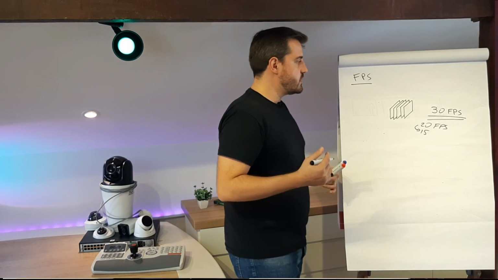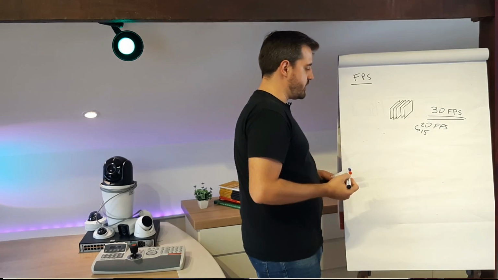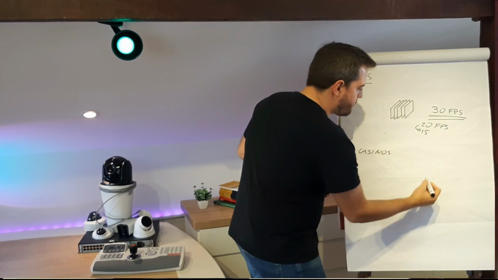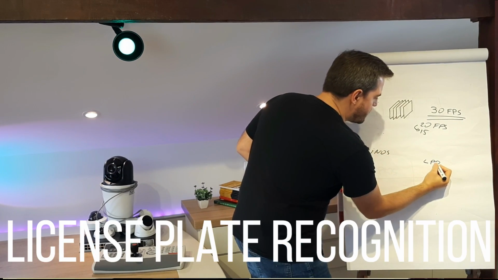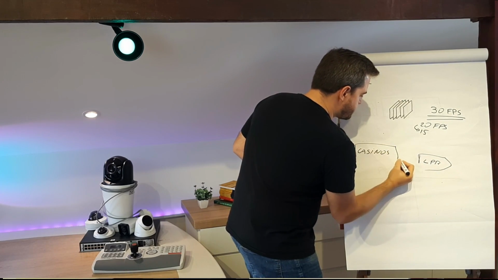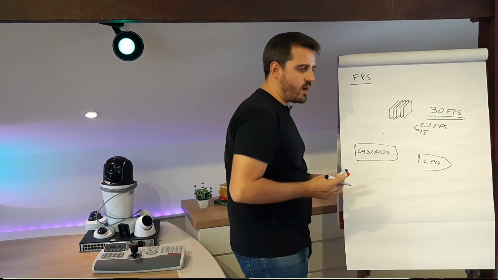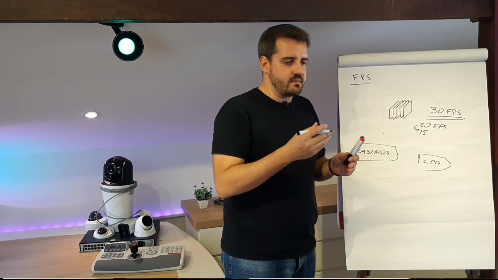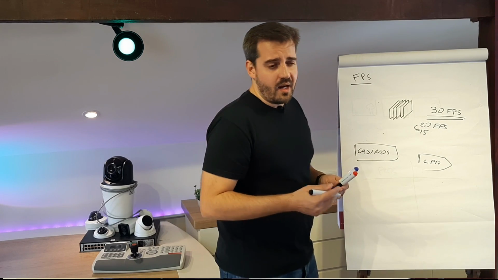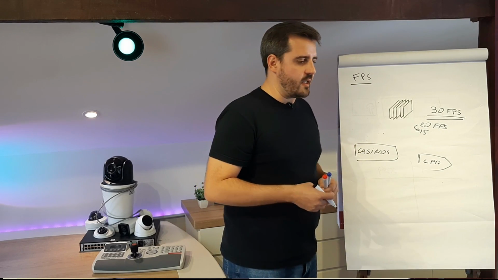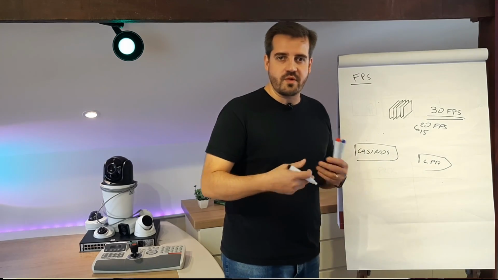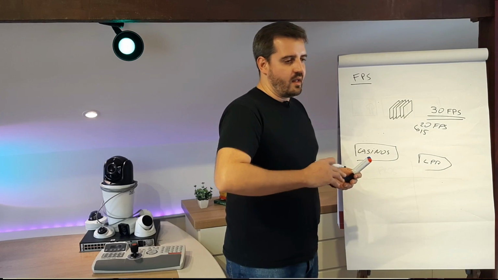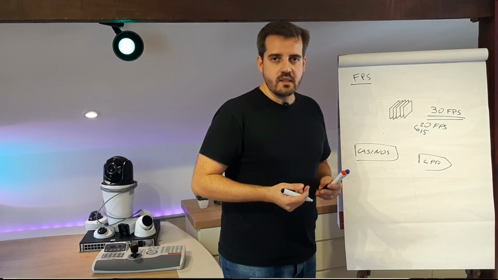We have other needs as well, like for example casinos, or license plate recognition. These special requirements will require more frames. The movements that happen in the scene are very quick. In a casino, the movements are very fast, so we need more frames per second to not have a blurred image in the scene.